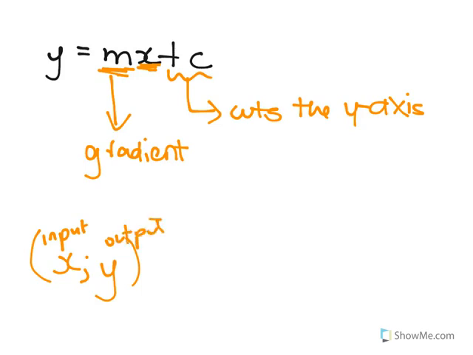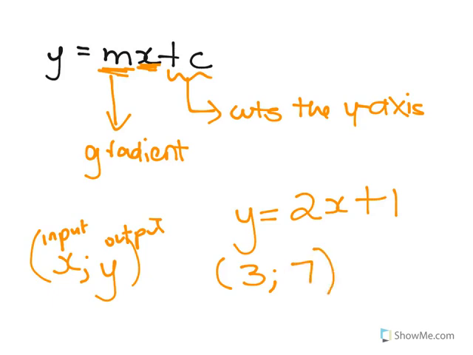So that's something that we dwelt on for quite some time in the previous section on functions, right? So if you have a function like y is equal to 2x plus 1, the point (3, 7) does lie on the line, because when my input is 3, right, 2 times 3 plus 1 does give me an output of 7.